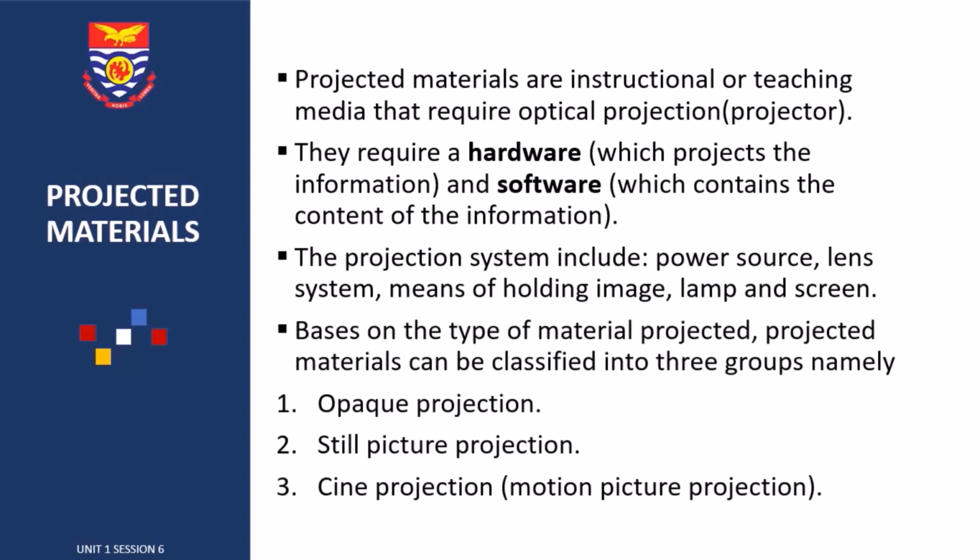Based on the type of material that we are projecting, projected materials can be put into 3 main groups, and they are opaque projection, still picture projection, and cine projection. The cine projection can also be called the motion picture projection. Now, let's take them one after the other.